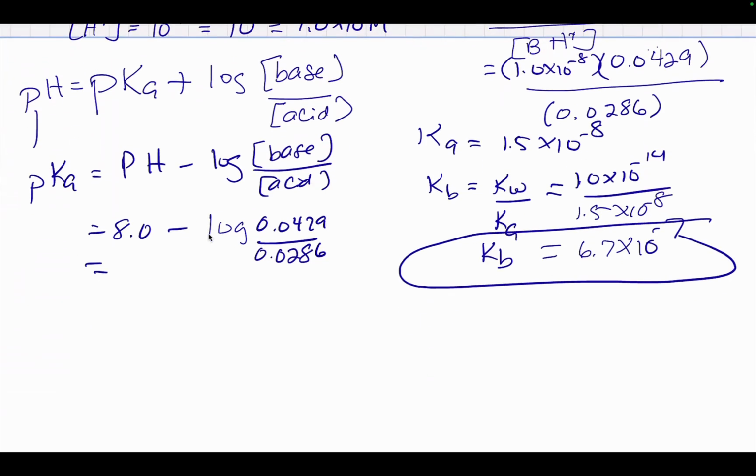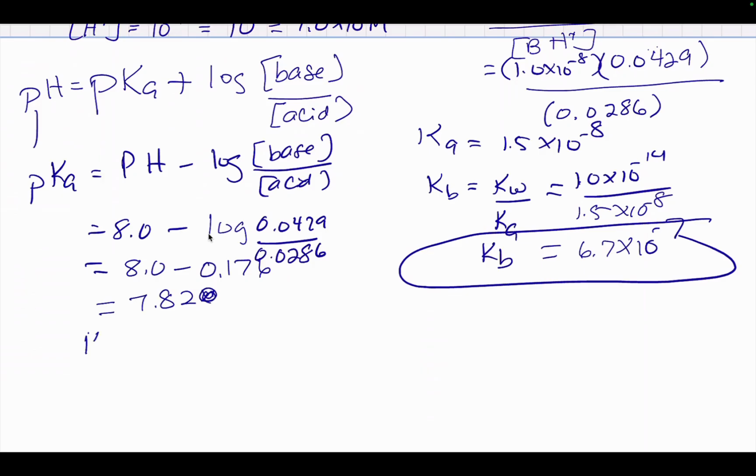I'm going to crunch it quick. So I end up with 8 minus 0.176, and that gives me a pKa of 7.82. So then, this is a longer way.